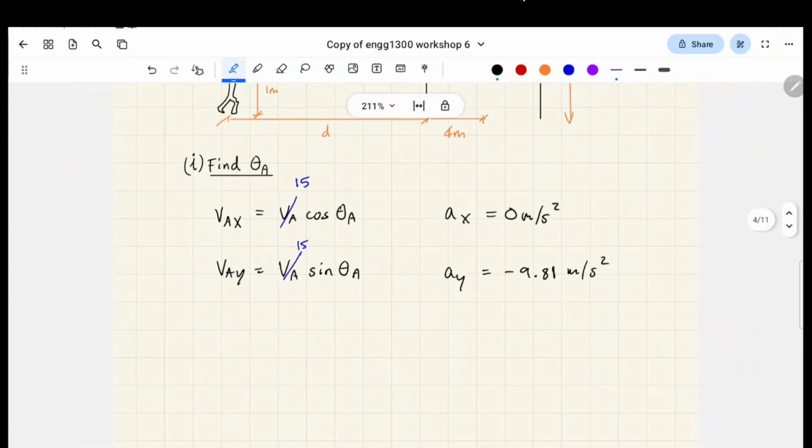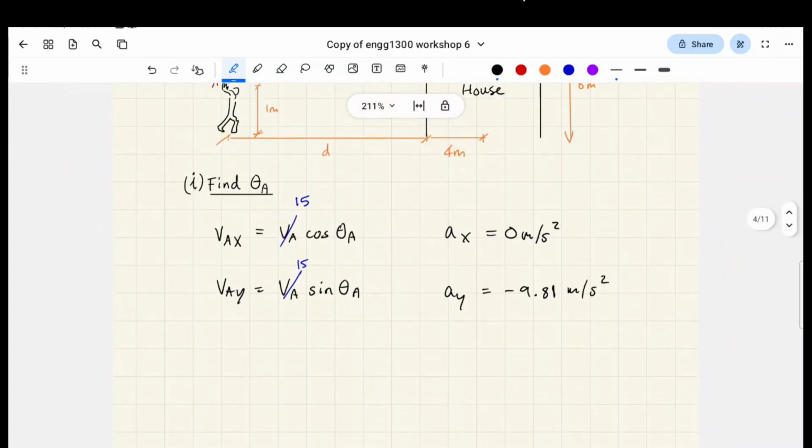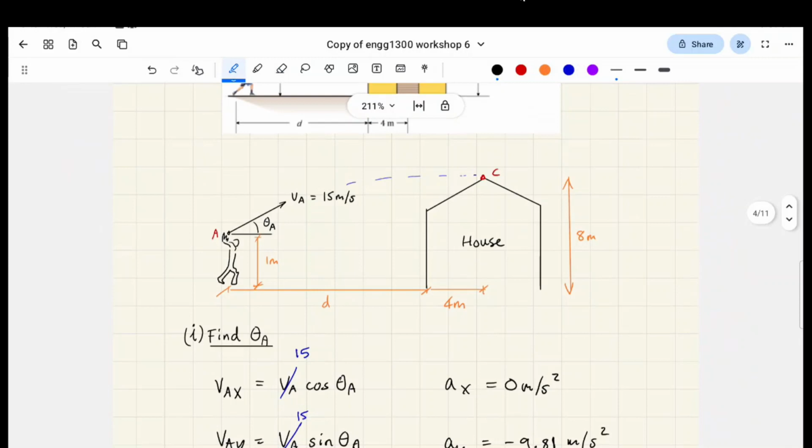Now we're ready to derive functions for both of these. I'm going to start with the y direction, because I can find the angle from it. Sorry, I'm not explaining this very well, my bad.